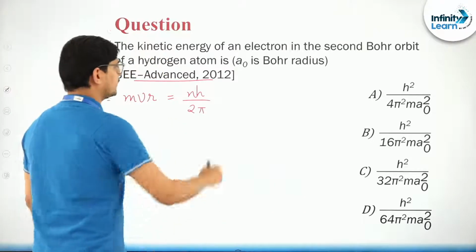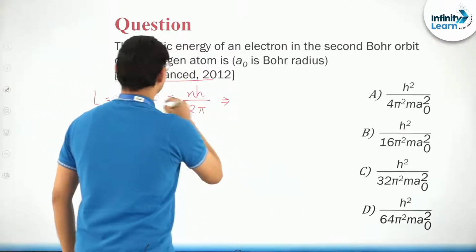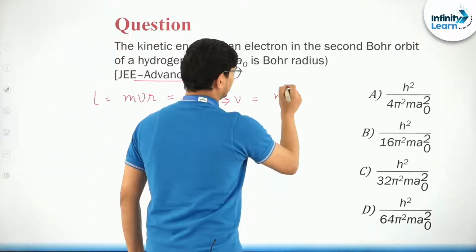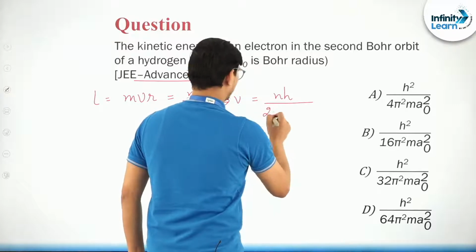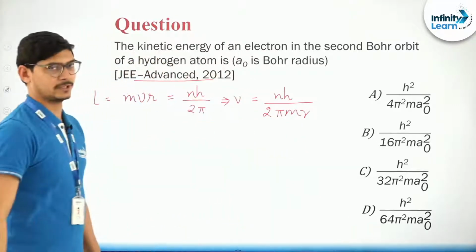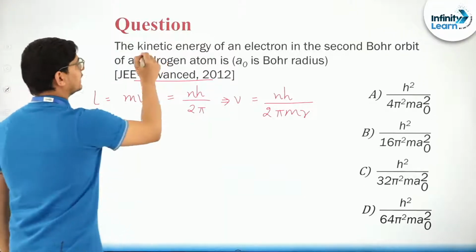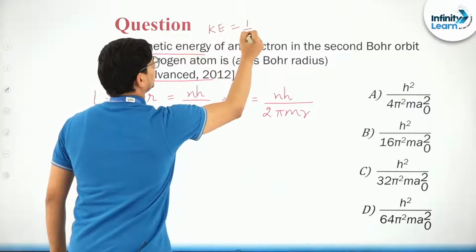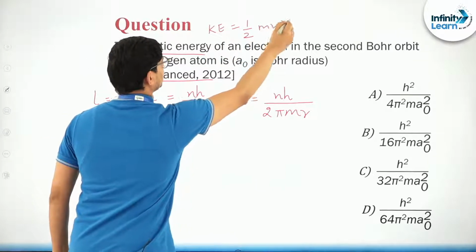From here, I can rearrange this expression for velocity. So the velocity is nh upon 2 pi mr. Now you know that the expression for kinetic energy is half mv square, where the mass and velocity are of the electron.